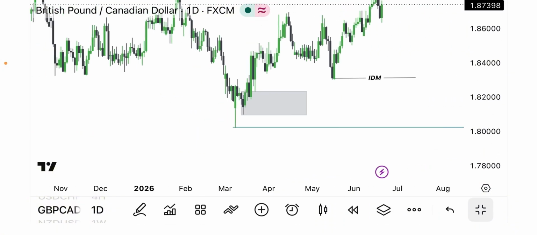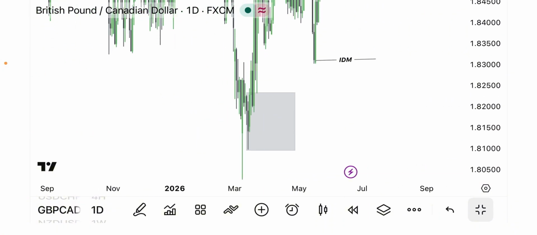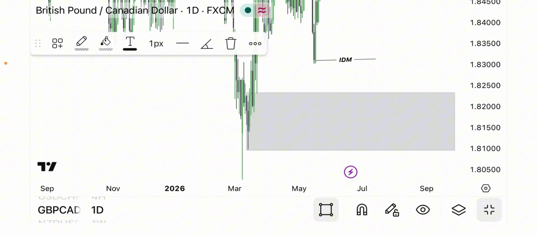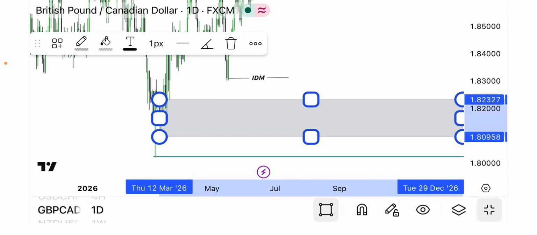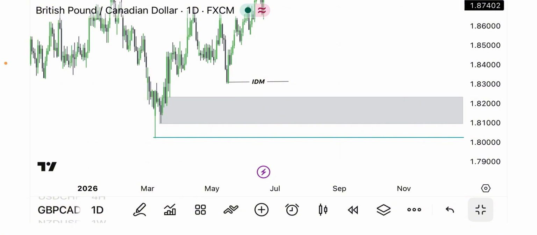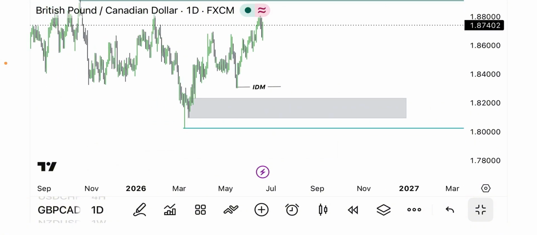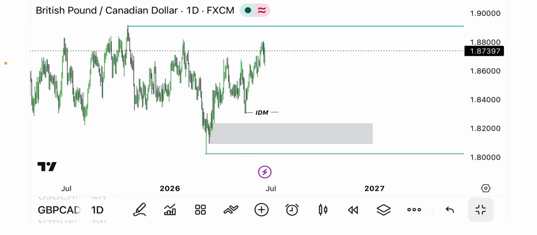Since there is no clear fair value gap, if the market reaches this demand zone, we are not going to use risk entries. We are going to wait for a change of character, a confirmation entry, before we enter.